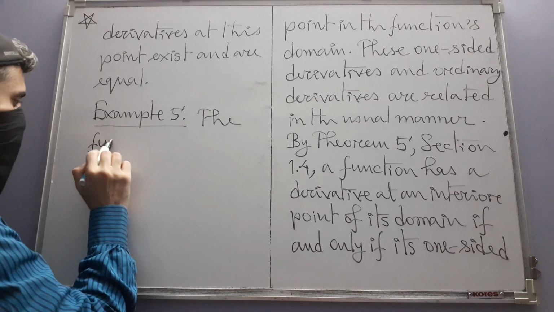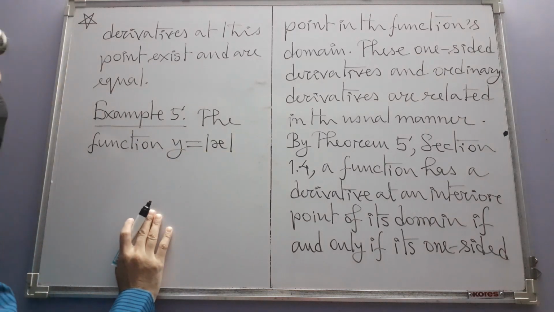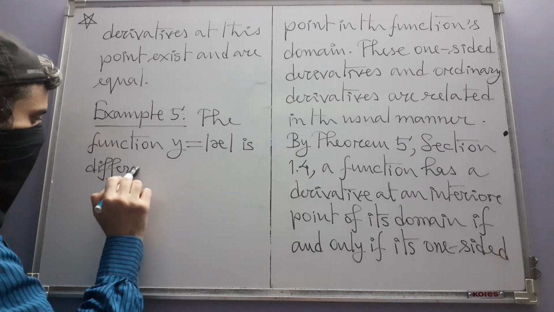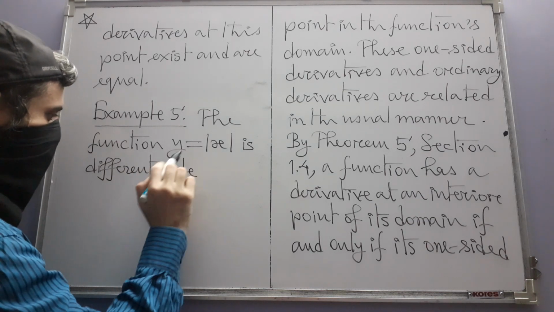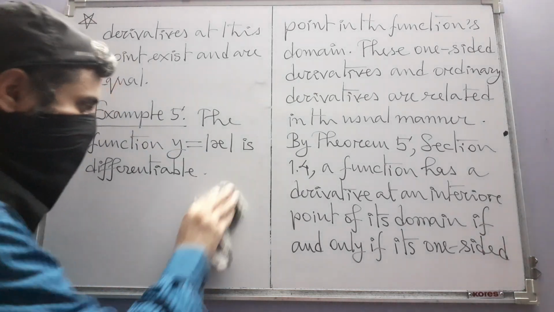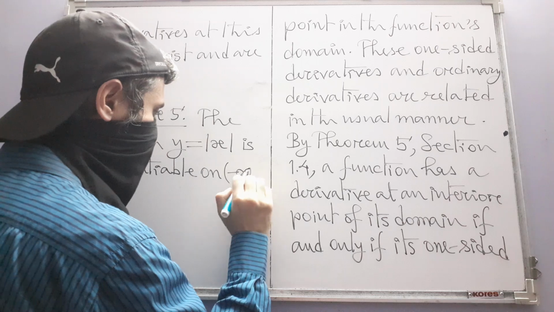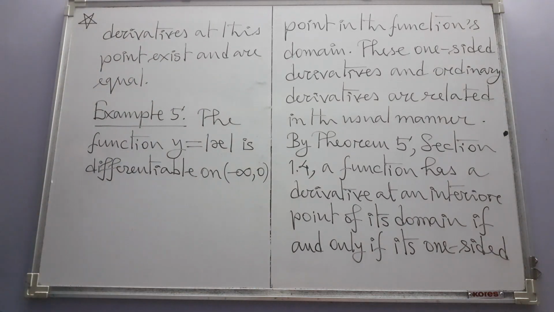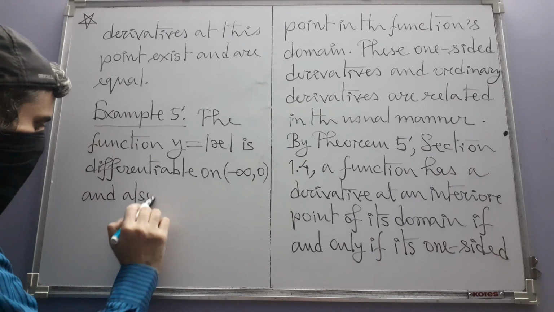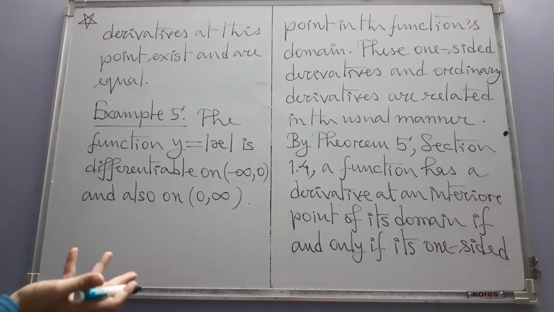The function y equal to absolute value of x is differentiable on the set of all negative real numbers, and also on the set of all positive real numbers, which one can verify.